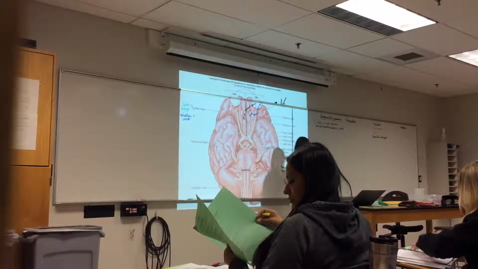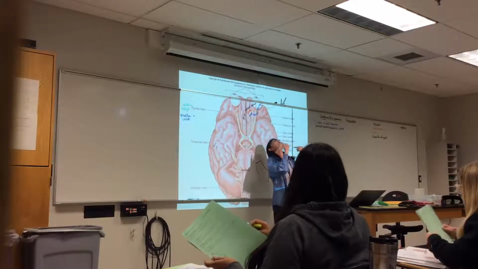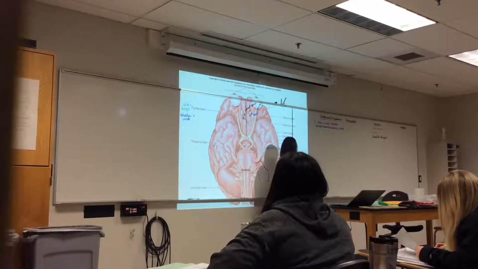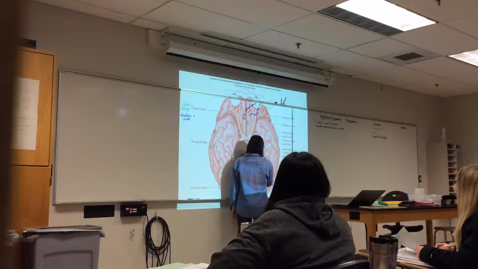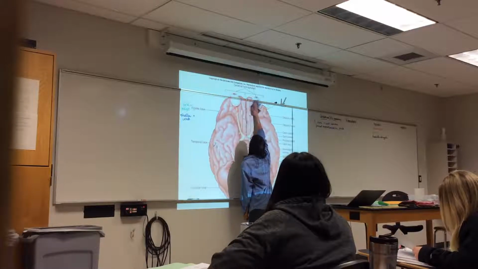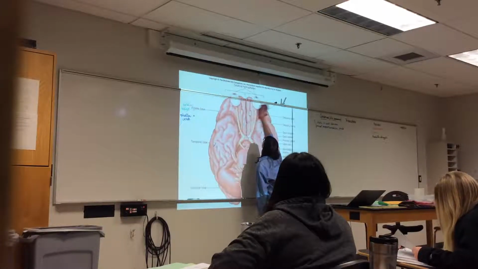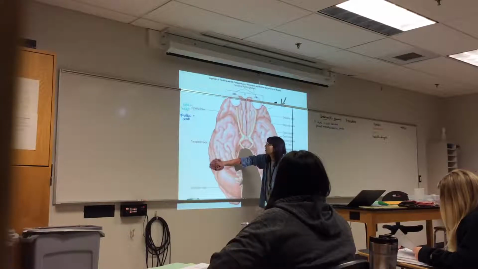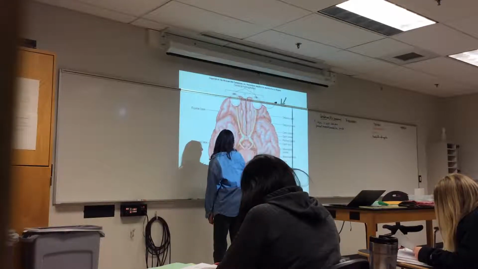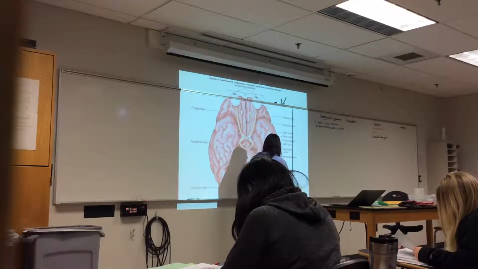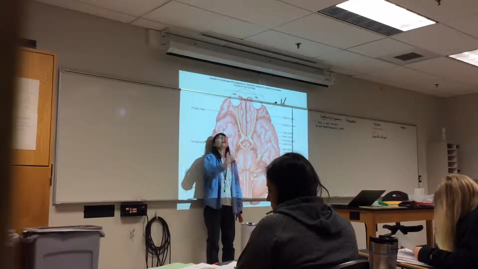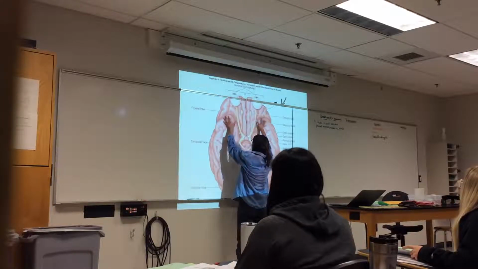This is looking at the brain, like I said, from bottom up. Okay, look at the brain from bottom up. And let's review all these so you understand what you're looking at. From this view, all of this would be what part of the brain?